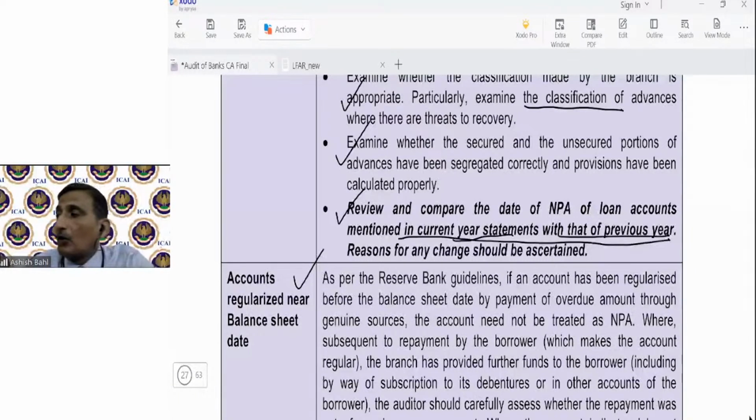So the auditor would check the vouchers of those credits, from where the payment has come. If the borrower has brought his own funds and is making the payment himself through his own sources, then there is no issue.